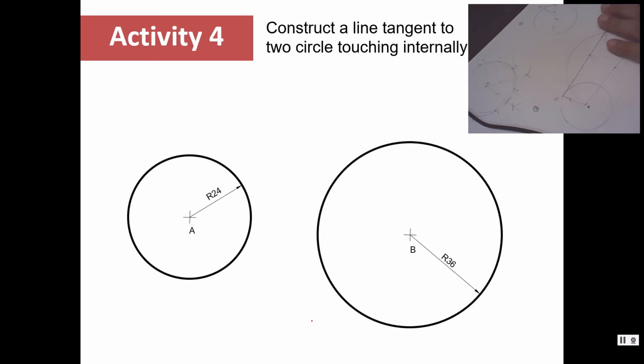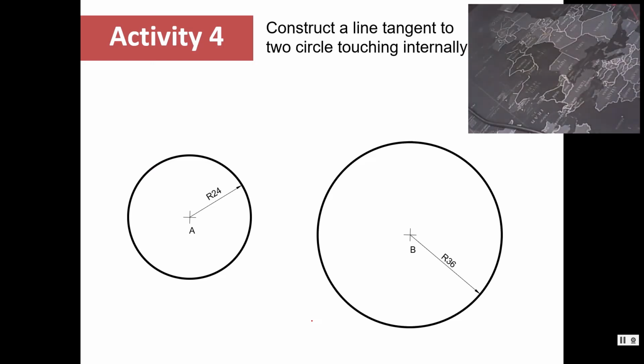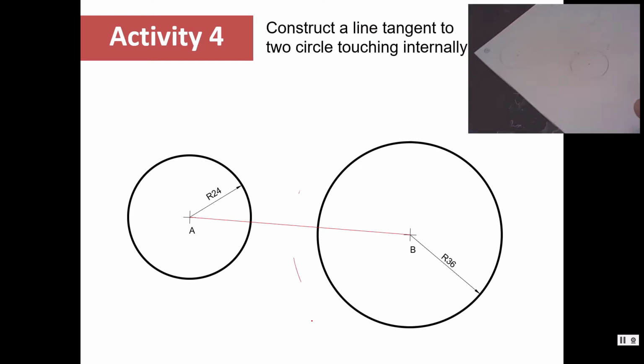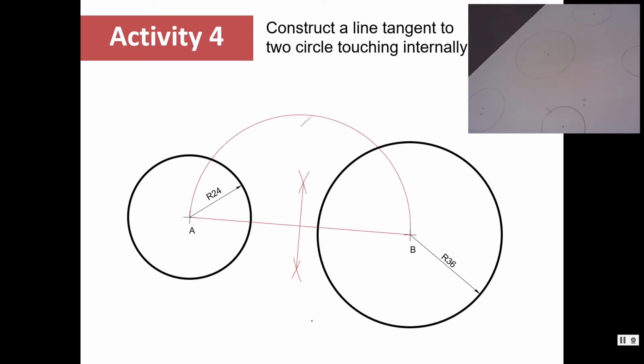Okay, so we have the A circle with a radius of 24, and the B circle with a radius of 36. So the first thing, similar to the previous activity, is the A to B line, and then we find the midpoint of that AB line, so that we have a center point to draw a big circle there.